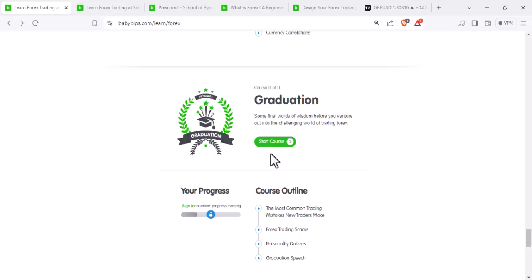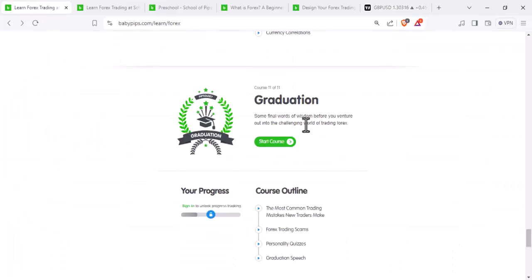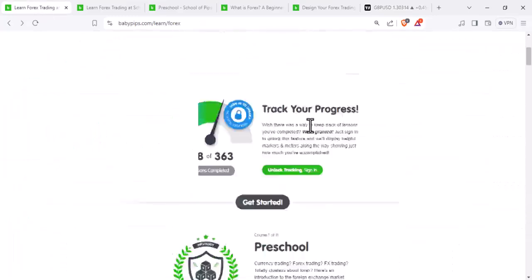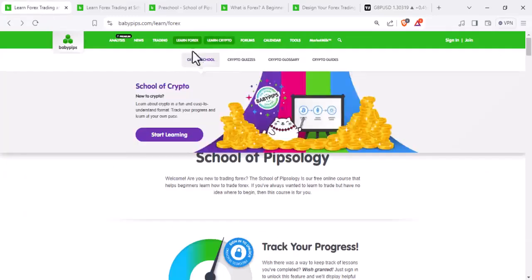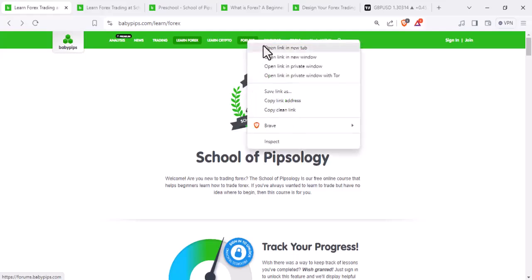scalp traders. So the second point we want to consider on how to use Babypips is participate in Babypips forums. So how do you get to the forums of Babypips? So let's go to the beginning here, and when you say learn forex, you have learn crypto, and then you have forums. So you just click on forums.